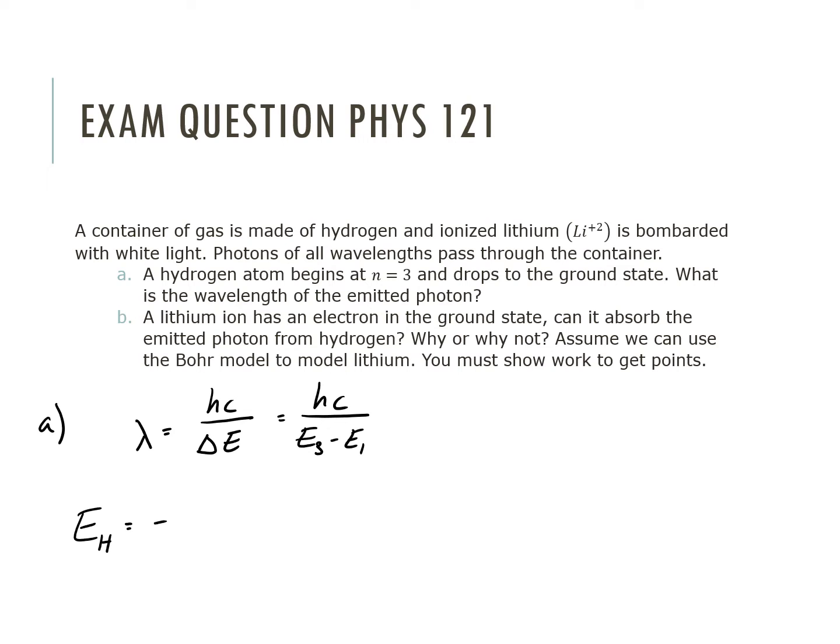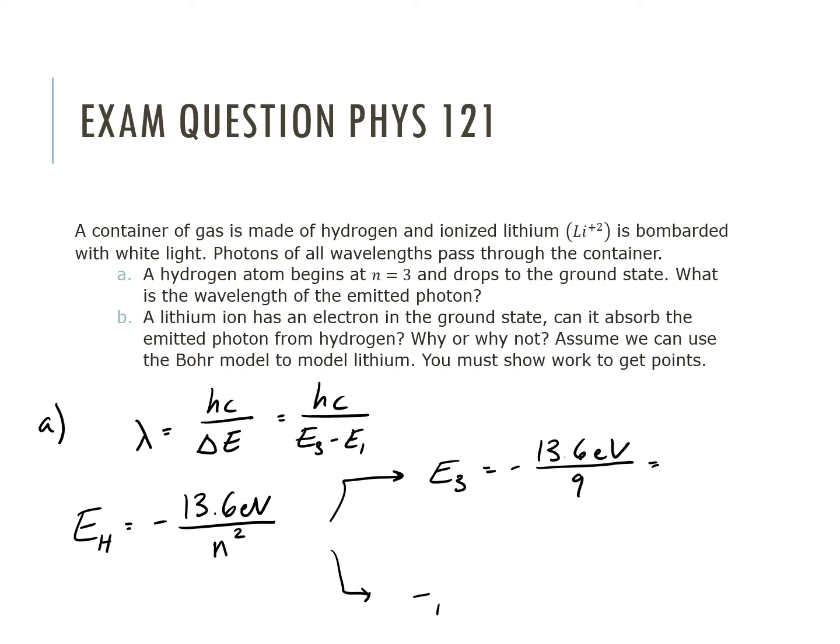The energy of hydrogen is given by negative 13.6 eV divided by the n squared value. So for E3, we're going to have negative 13.6 divided by 9. And for the ground state, we're just going to have negative 13.6 eV divided by 1.